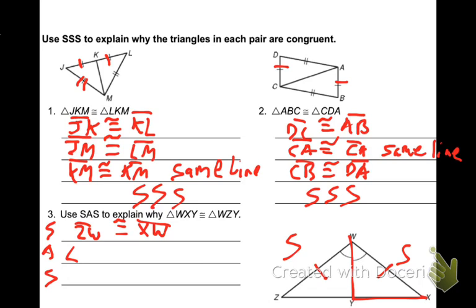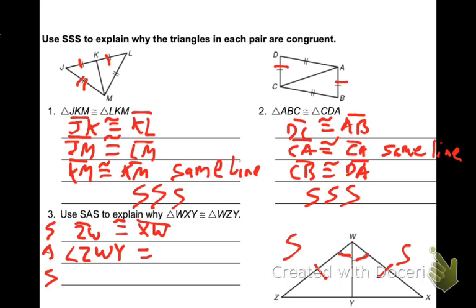WYX is this angle right down here, so I don't want that angle. I want this one right there or this one right here. ZW what? ZWY. Good. Now again, why do I have to be more specific here? Because there are more angles. So I have to say ZWY. That's taking that angle right there. Do you see that, Peyton?